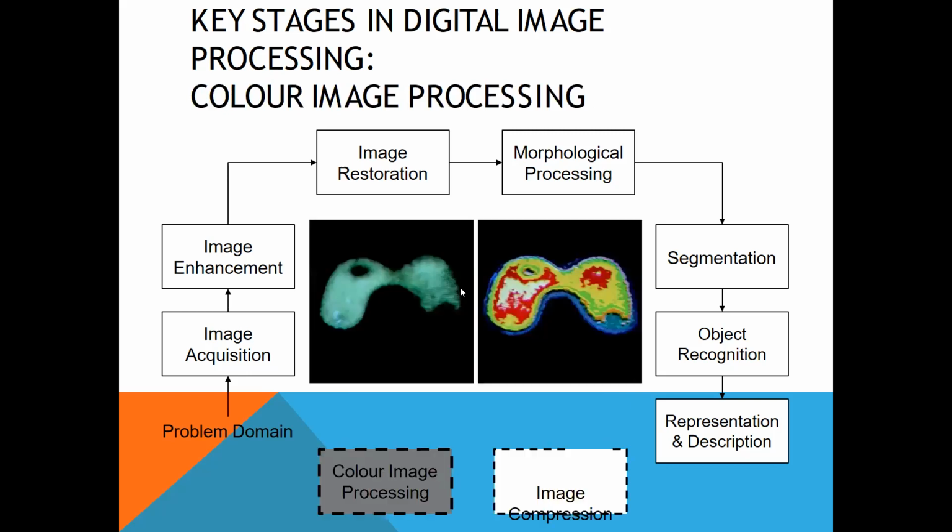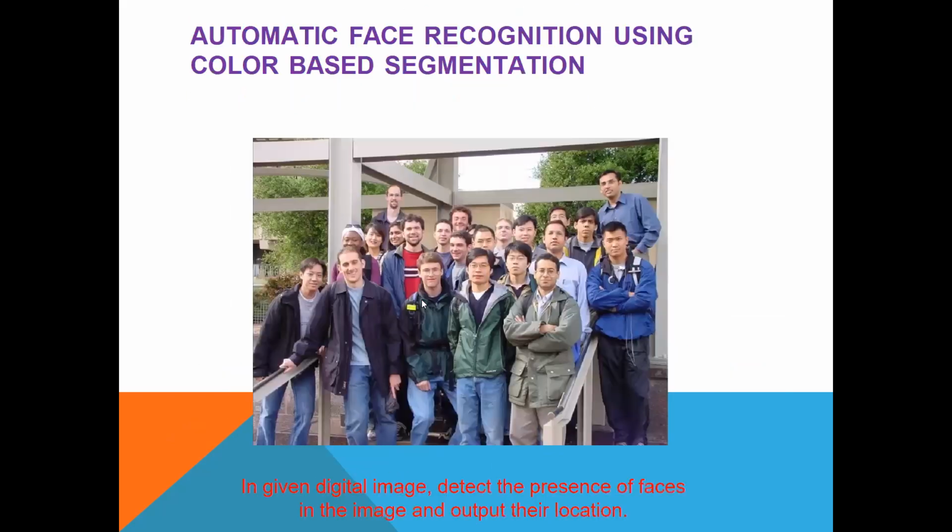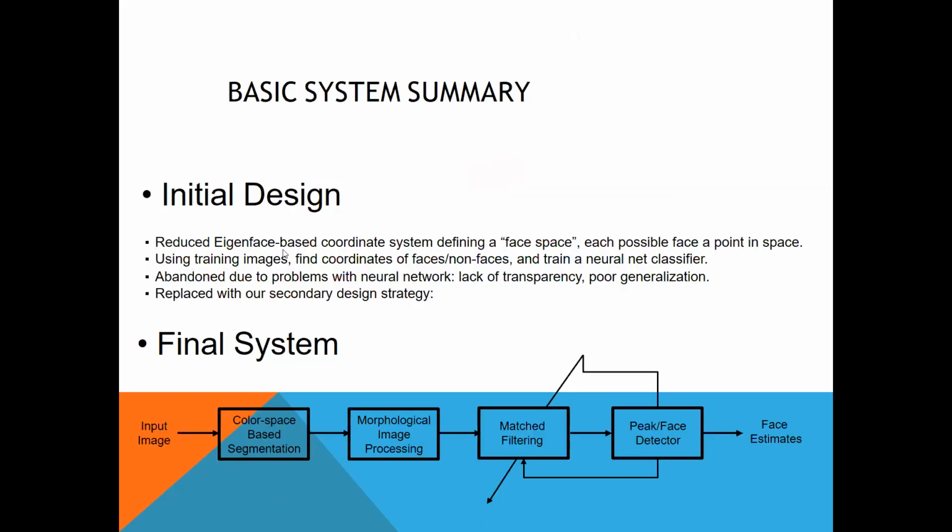So this is color images. You can see here the difference between color image processing and normal images. This is automated face recognition with color-based segmentation. Even Facebook uses this type of technique in its face recognition system, who's this guy, who's this man, to detect the presence of faces. The basic system summary is an initial design, defining a face space and face points.